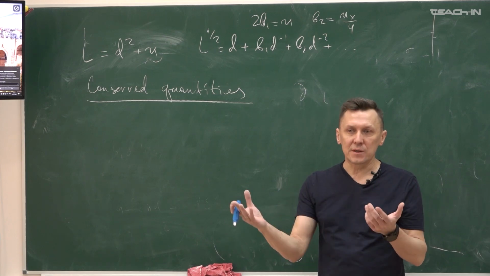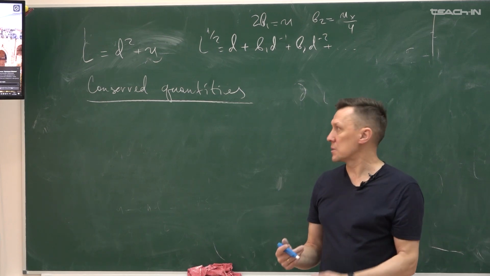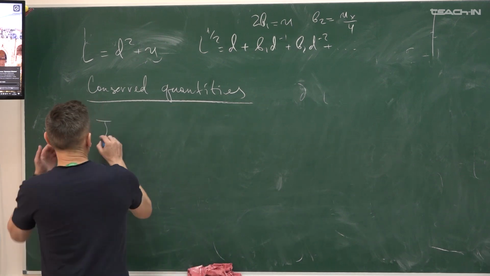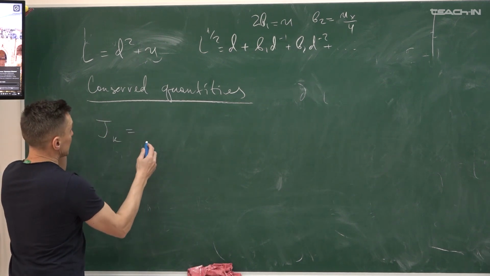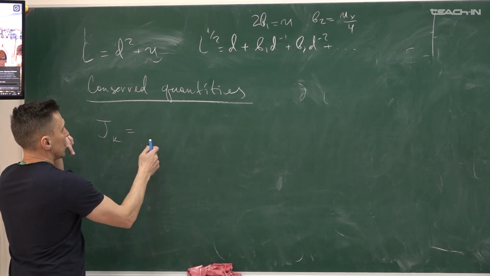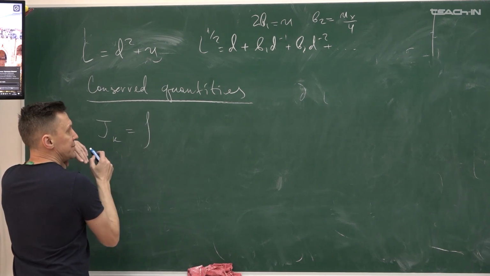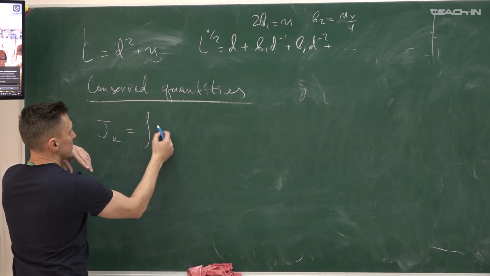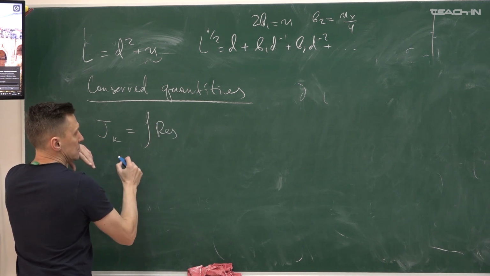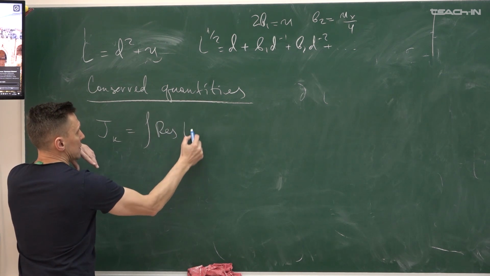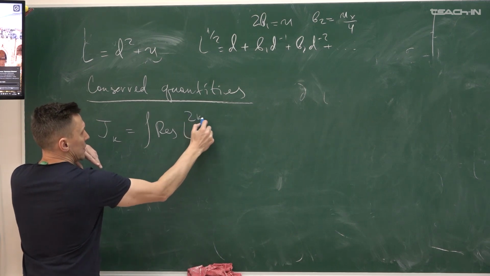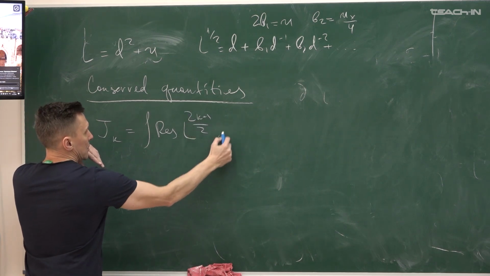So we have to define some functionals on this space. So the statement is the following, that we can define a functional J_k, which is an integral of the residue of L to k plus 1 over 2 dx.